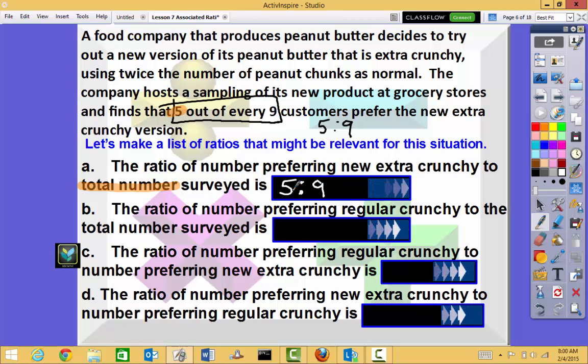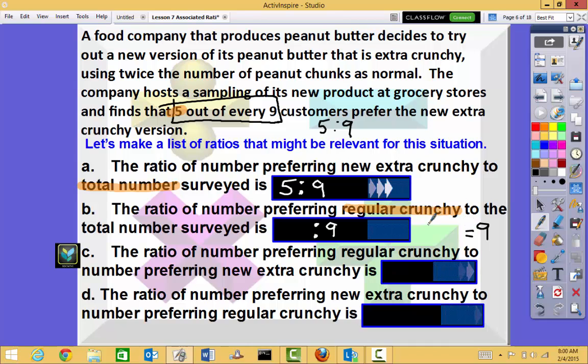Let's check this next one. The ratio of the number of people preferring regular crunchy to the total number surveyed is what? Well, I already know my total number is 9. Now what is this part though? This part is saying preferring regular crunchy. Mr. Wimbley, they didn't tell me that. They actually did. So let's see how we can figure it out. My total is 9.